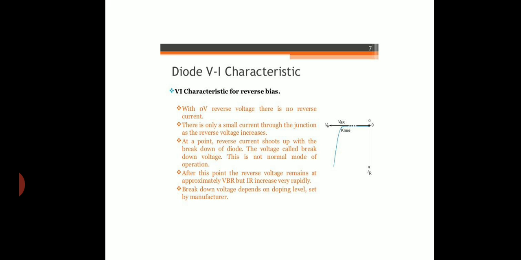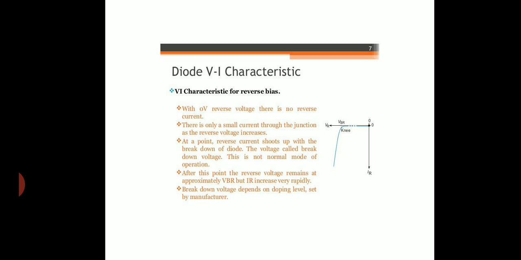So VI characteristics for reverse bias. With 0 reverse voltage, there is no reverse current because the depletion layer is very large. There is only a small current through the junction as the reverse voltage increases. At a point, reverse current shoots up with the breakdown of the diode. Thus, the voltage is called breakdown voltage.